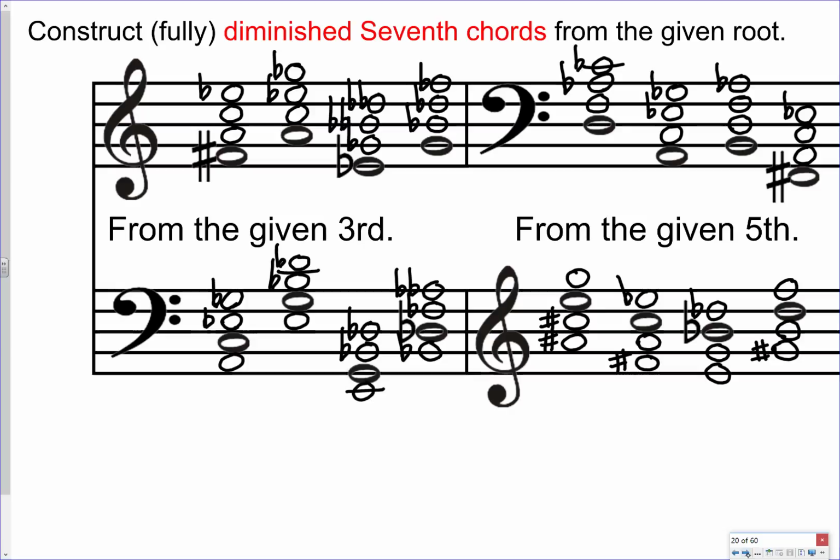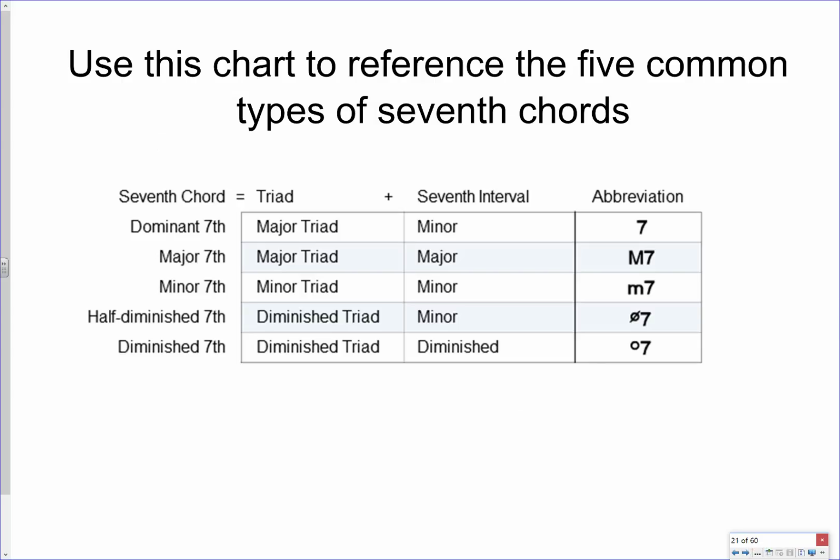In our next video, we will be talking about the dominant seventh. But first, I want to share this reference chart for the five common types of seventh chords. So feel free to copy down what you feel is important for purposes of studying.